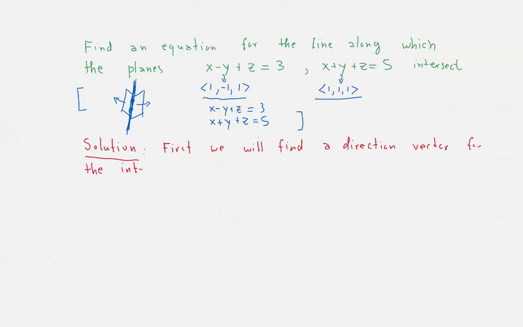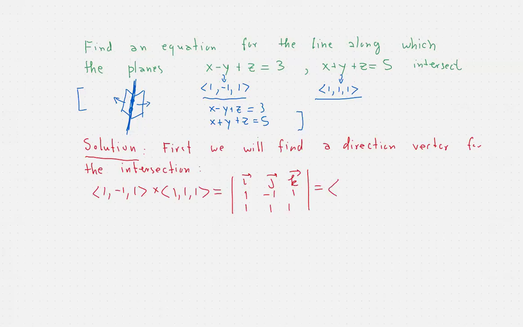And this will be simply (1, -1, 1) cross (1, 1, 1), which is the determinant with rows i, j, k; 1, -1, 1; 1, 1, 1. So delete the first row and the first column, and you will get -2. Delete the first row and the second column, and you will get 0. Delete the first row and the third column, and you will get 2. So this is a direction vector.